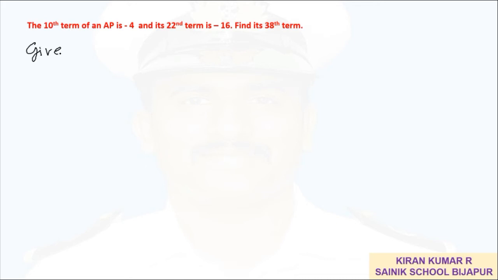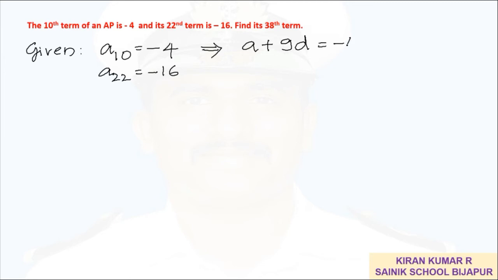Given is A10, which is negative 4, and 22nd term is negative 16. What is the meaning of A10? A10 is nothing but A plus 9 times of D, which is minus 4. A22 is nothing but A plus 21 times of D, that is negative 16.